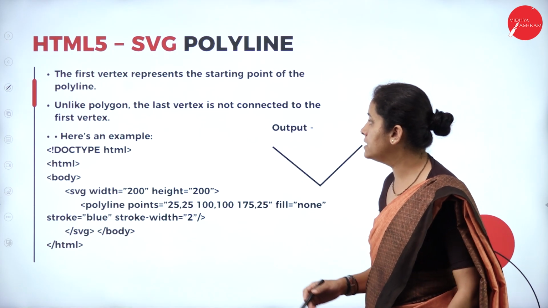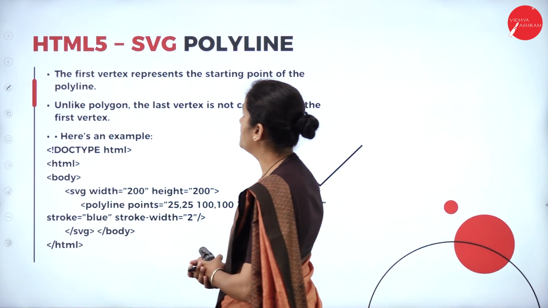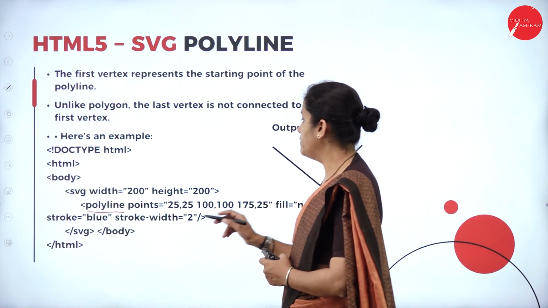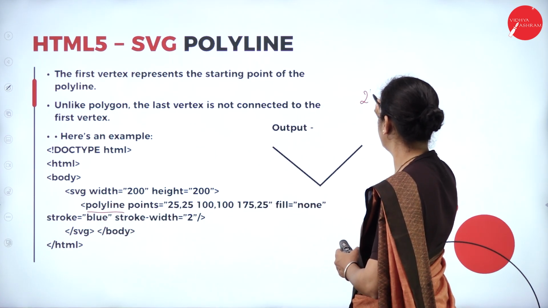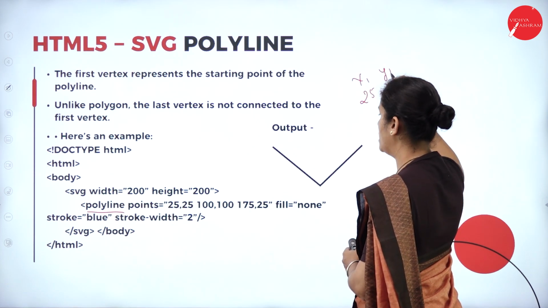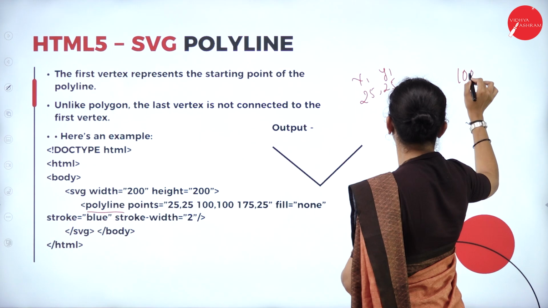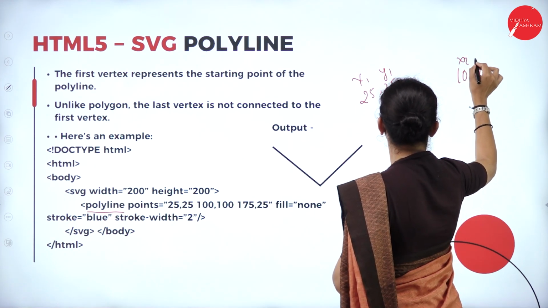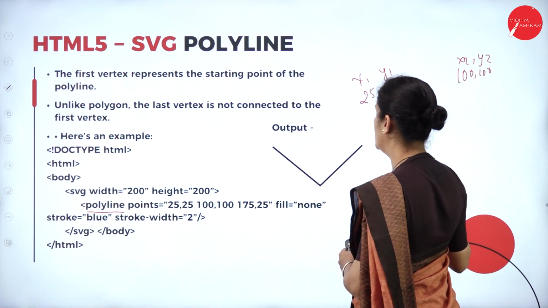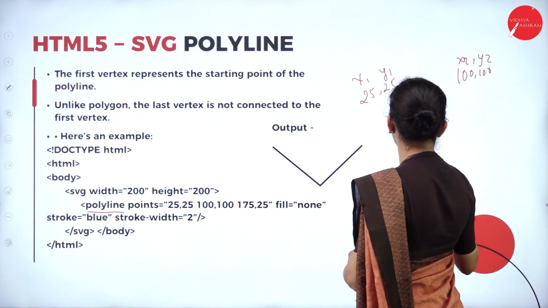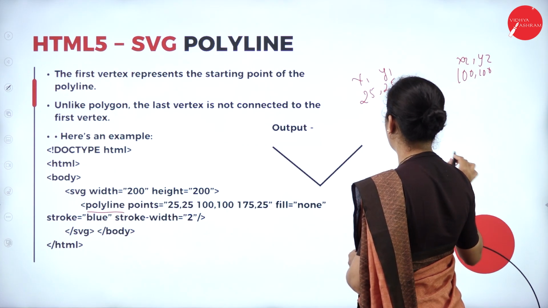If I consider the example here, polyline, 25,25, that is x1, y1, then 100,100, that is x2, y2, then 75,25.